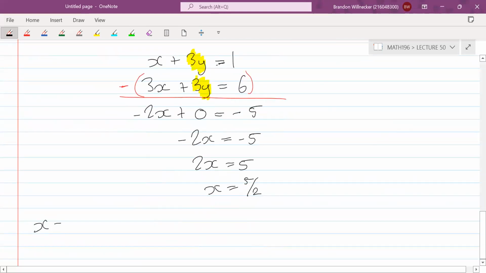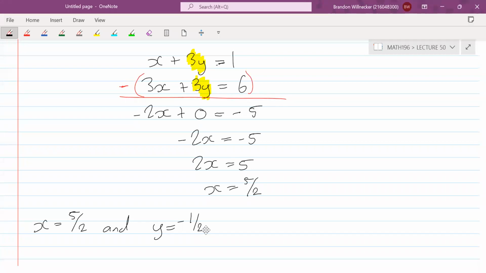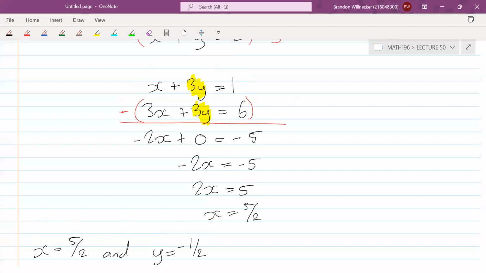So x equals 5 over 2 and y is equal to minus 1/2. Okay. Are there any questions so far about this new method? Okay, so it's not too bad so far.